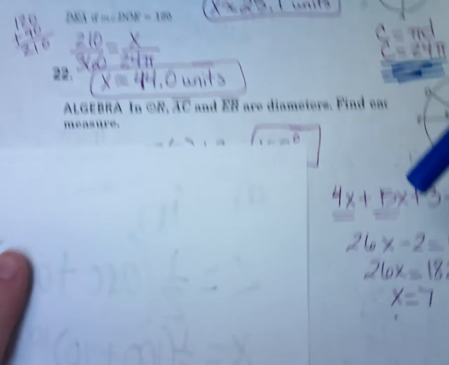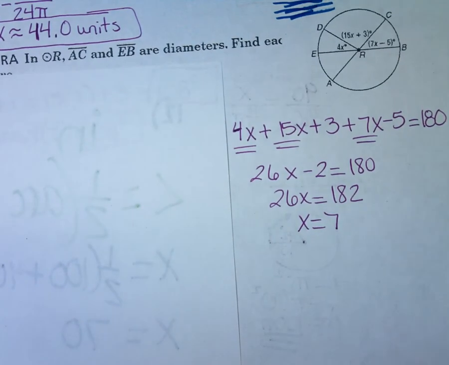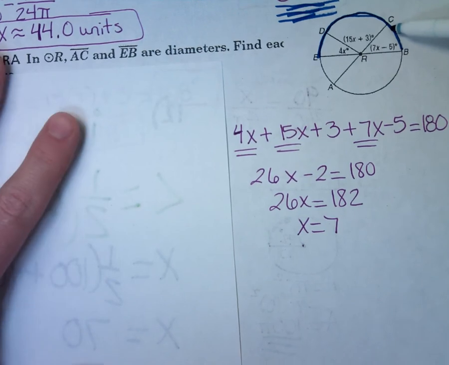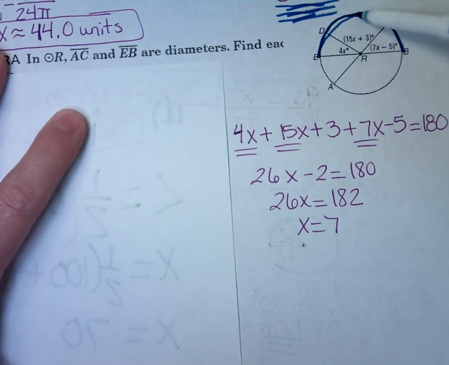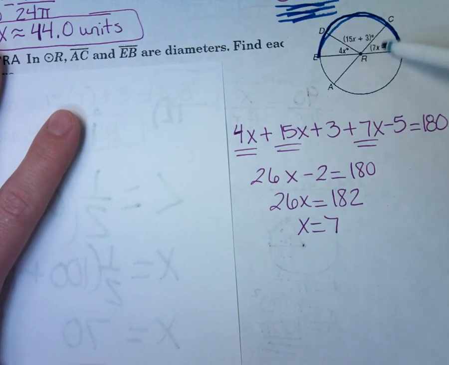Okay, in this set, I needed to know some angles. So the first thing I did was I set up this equation, 4x plus 15x plus 3 plus 7x minus 5 equals 180, because I know that for a semicircle those angles add up to 180 degrees. So I set up my equation and I solved for x, and then all I did was I plugged my 7 into these x's.